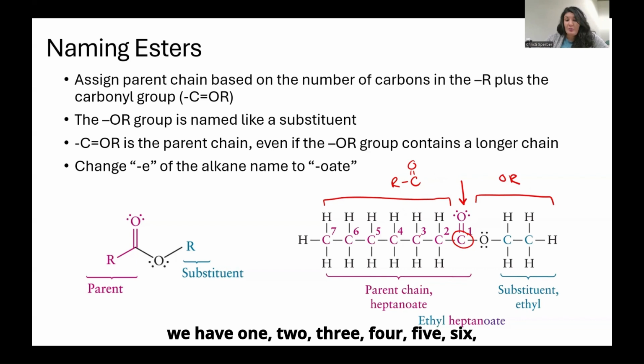So we have 1, 2, 3, 4, 5, 6, 7 carbons in our parent chain, which is heptane if it was an alkane. We take off the E and add -oate, so heptanoate. Then the substituent we name based on how many carbons are in this chain. We have 1, 2. A 2-carbon substituent is ethyl. We put the substituent name first, so it's ethyl heptanoate.